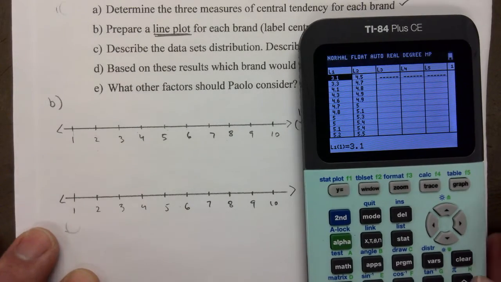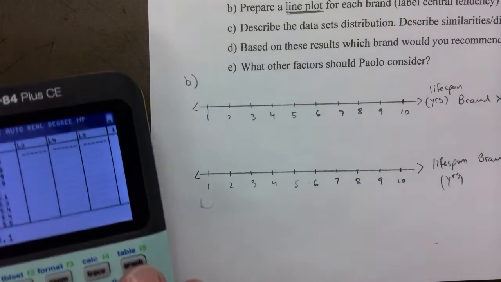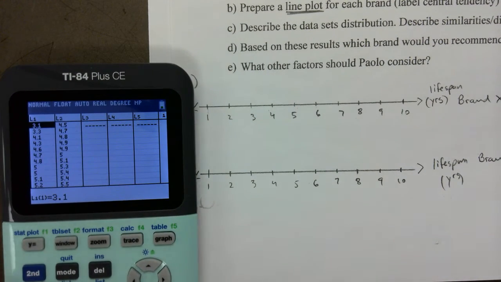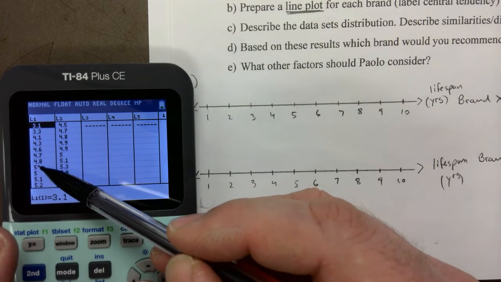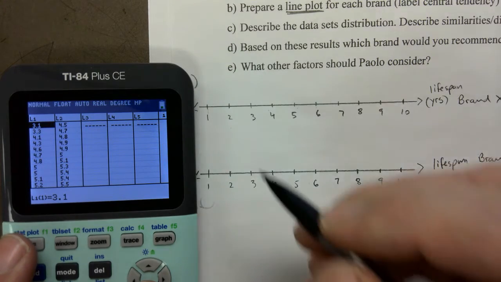So what I'm going to do, I think I'm going to shift over this way and have my calculator on this end. And so basically, I go through my list of values, and for every value, you can make a dot, or you can make an X. It's up to you. I think I'm just going to make dots. I think in some of my answer keys you'll see X's, but that's okay.